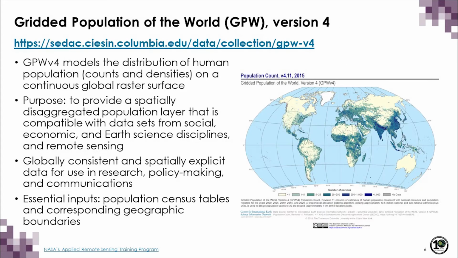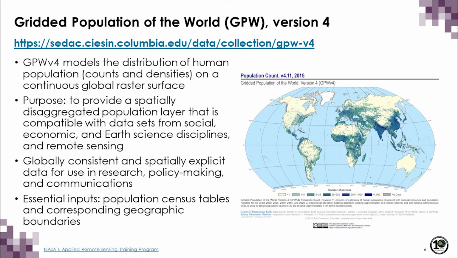The Gridded Population of the World, or GPW4, currently in its version 4, models the distribution of human population in terms of count and density on a continuous global raster surface. Its purpose is to provide a spatially disaggregated population layer that is compatible with datasets from social, economic, and earth science disciplines and remote sensing information.